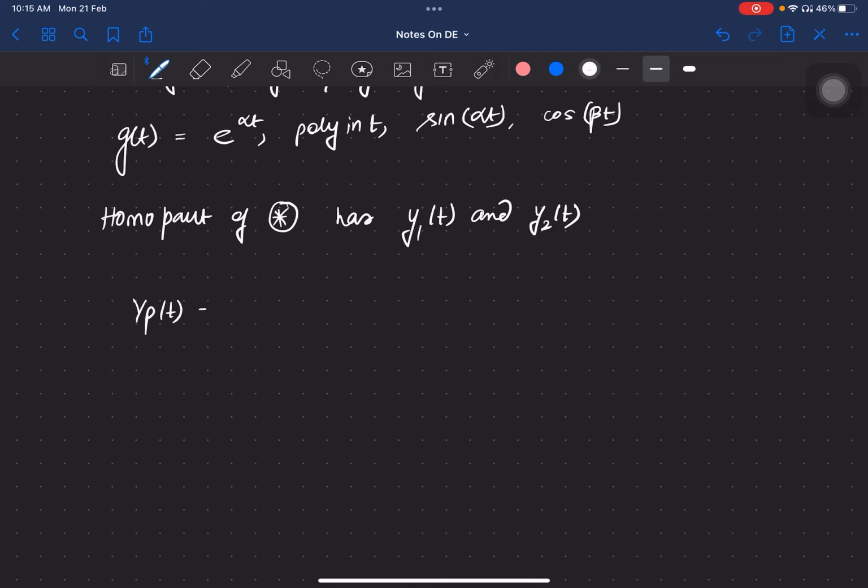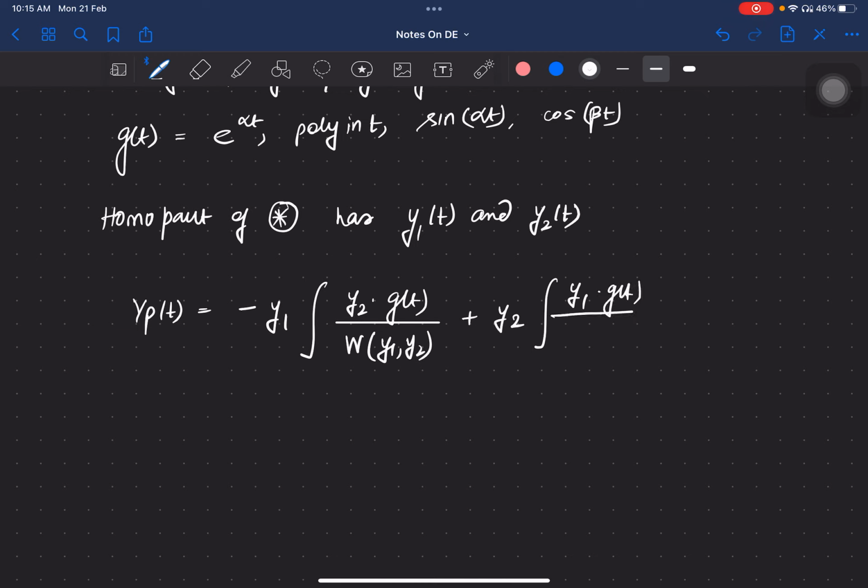yp(t) equals minus the first solution times the integration of the second solution times g of t divided by the Wronskian of y1 and y2. Since these are linearly independent, the Wronskian is not equal to 0, so you can divide by it. Plus y2 times the integration of y1 times g of t divided by the Wronskian of y1, y2, dt.